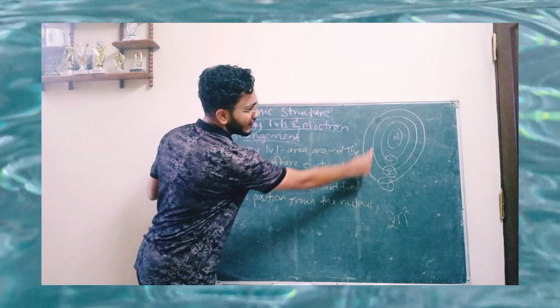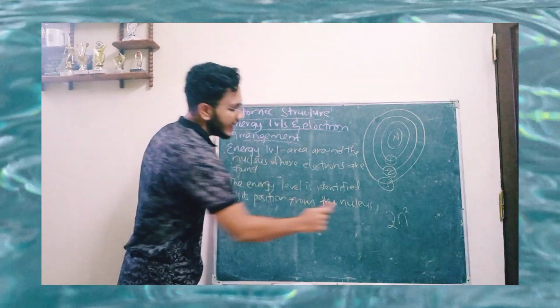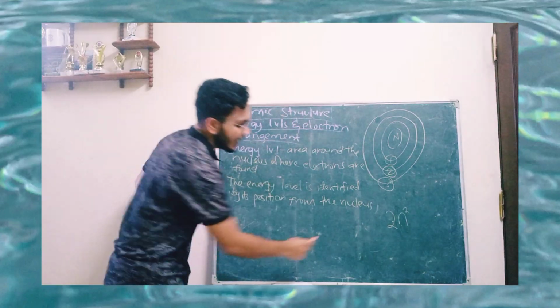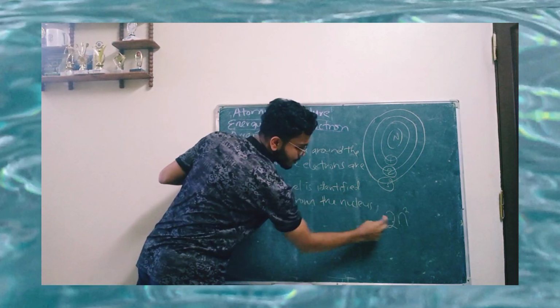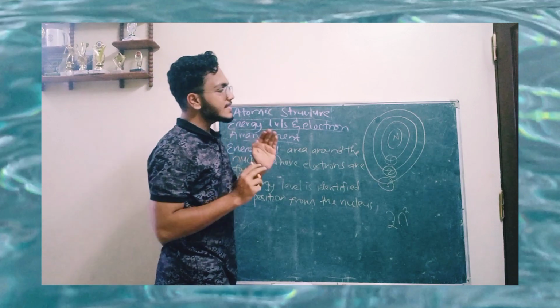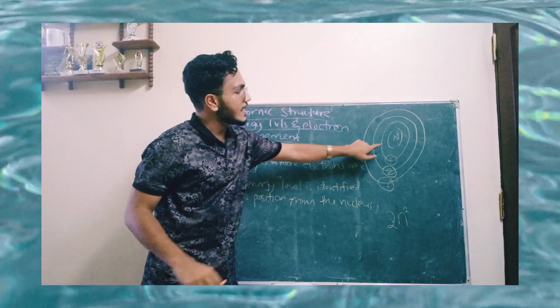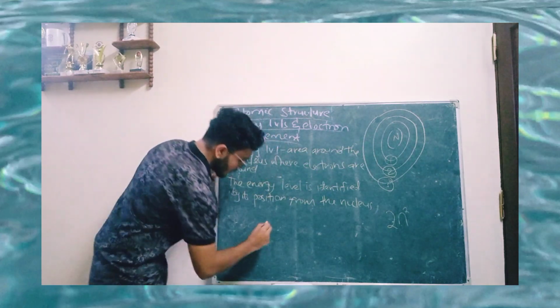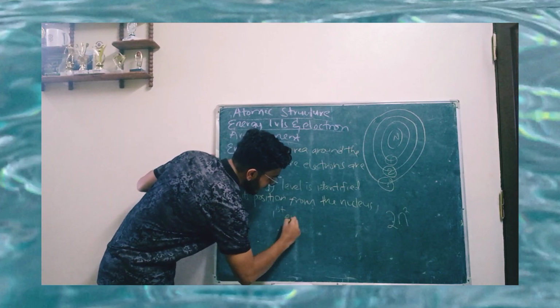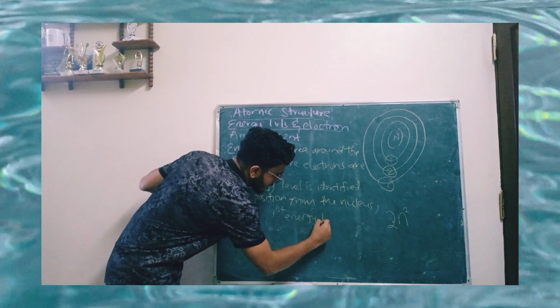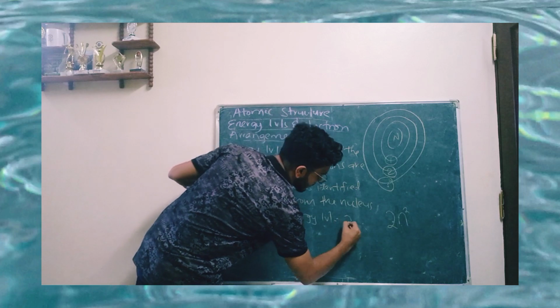So for the first energy level, substitute n with 1. So n squared will be 1. 1 times 2 is 2. So the maximum number of electrons the first energy level can hold is 2. First energy level, 2 electrons.